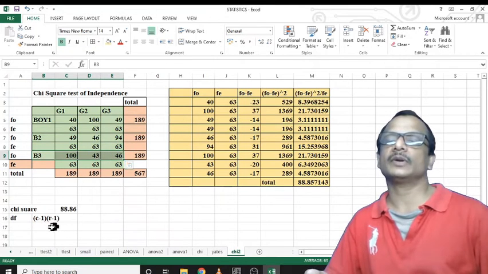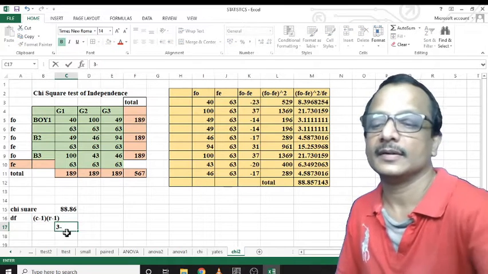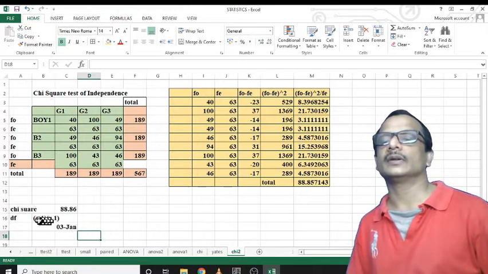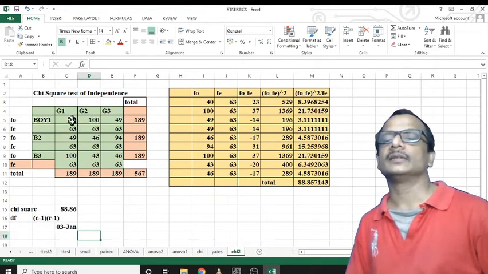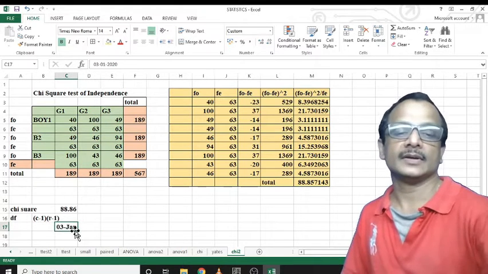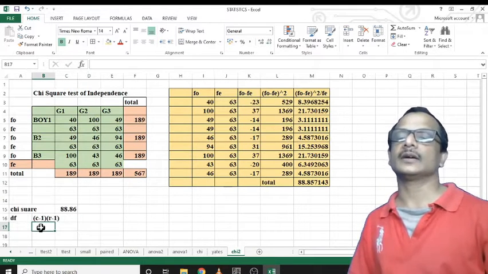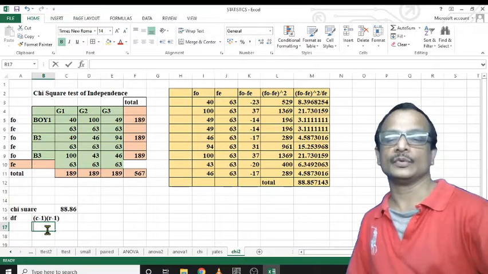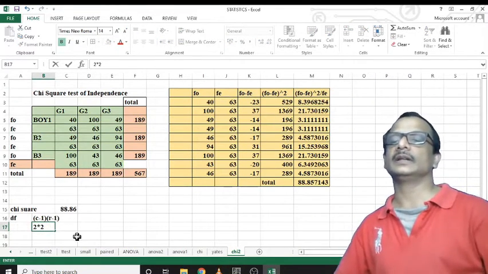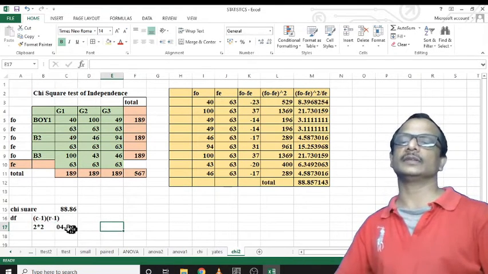That is R minus 1 means 3 minus 1. Then column minus 1. This is column number 1, column number 2 and column number 3. That means C is 3, R is 3. 3 minus 1 is 2. 2 into 2 is the degrees of freedom. That means it is equal to 4. 4 is the degrees of freedom.